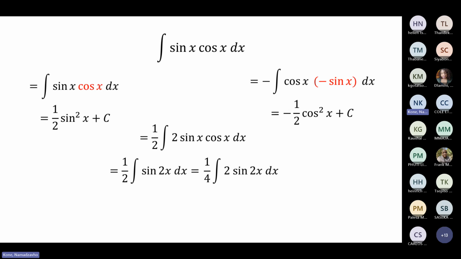In this case, our f of x is 2x, and its derivative is the 2 that you see outside before sine. Now, I want you guys to go and look at that list of integrals and give me the integral of 2 sine 2x. What will be the final answer there?